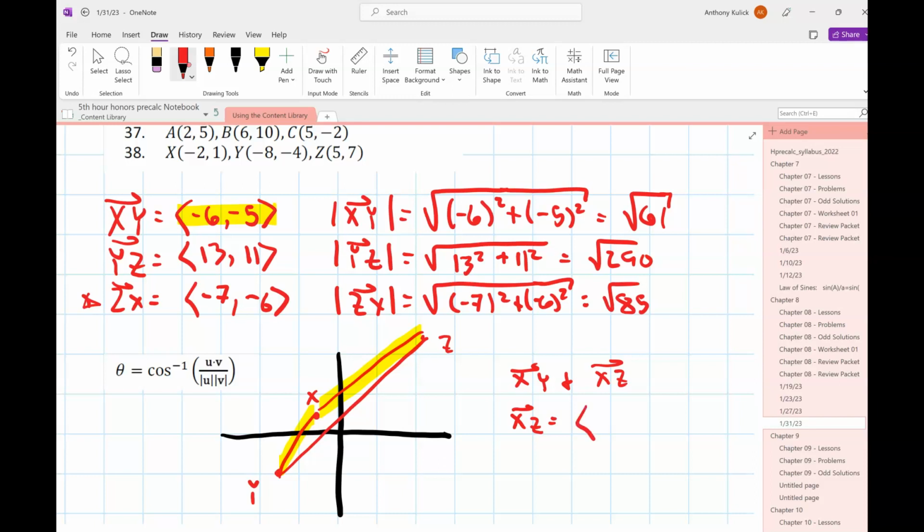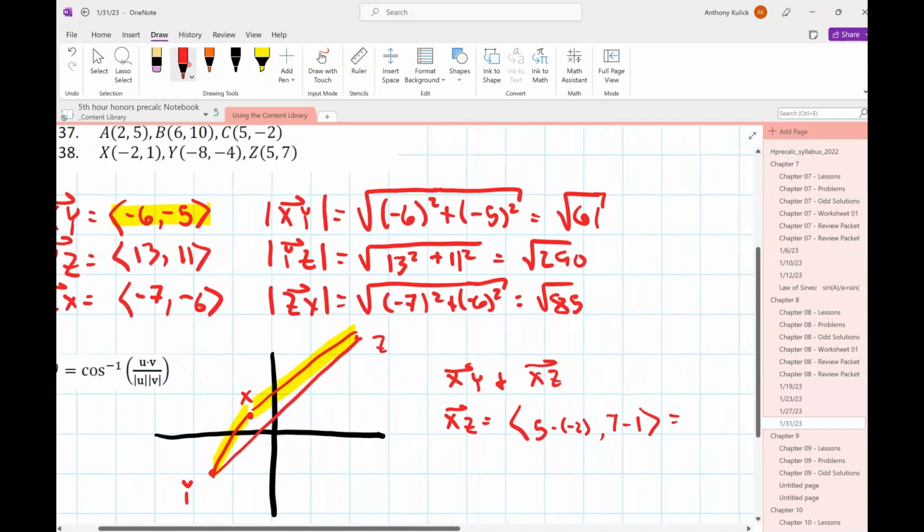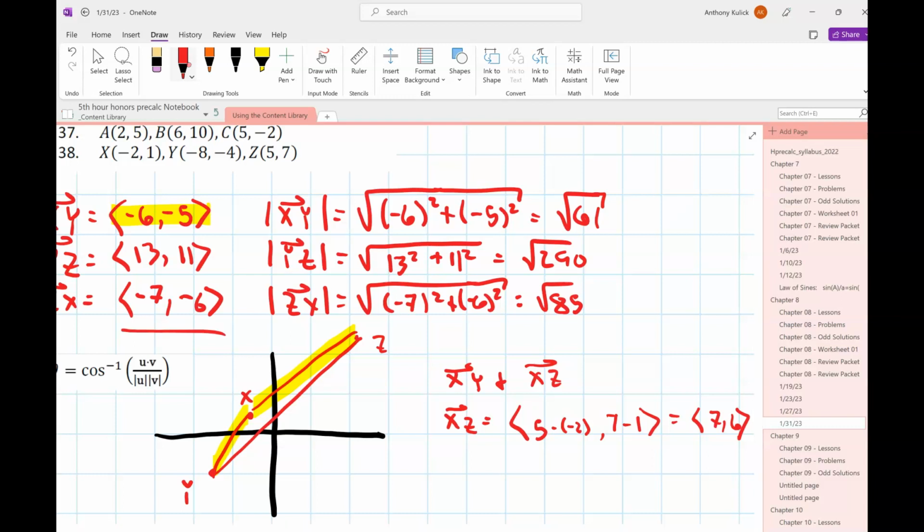Well, I could redo it, right? I could do head minus tail, and then head minus tail. What do I notice that this is? Yeah, I just multiply both by -1, which is going to give me the same thing.